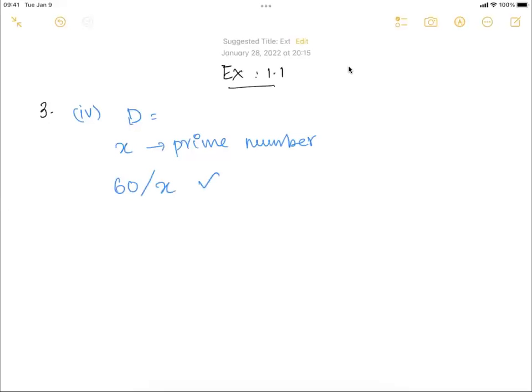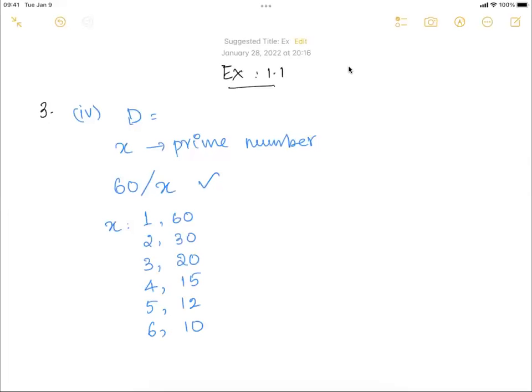So let's note down the divisors of 60. Irrespective of whether it's even, odd, prime, composite, let's first note down all the divisors of 60. That shouldn't be that hard. So starting with 1, 1 times 60 is 60, 2 times 30 is 60, 3 times 20 is also 60, and 4 times 15 is 60, 5 times 12 is 60, 6 times 10 is 60.